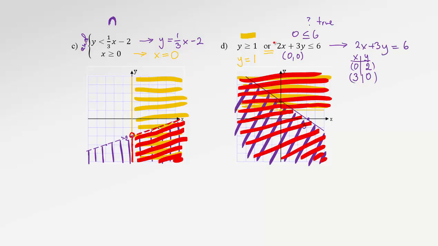Since we deal with the connecting word or, we're talking about union of two sets, so as long as the line is solid and it's either in purple or in orange, it will be taken as our final solution as well. So this part is taken and that part is taken. Therefore, the vertex is taken as well because it belongs to both of those lines. So it has to be marked by a covered dot. Okay, that's the whole solution.